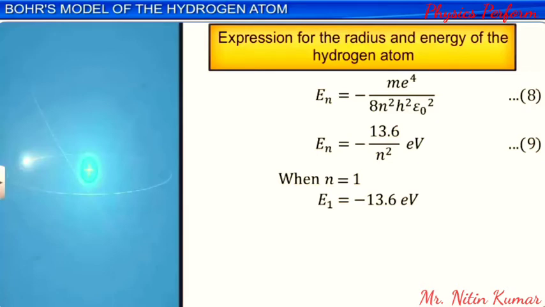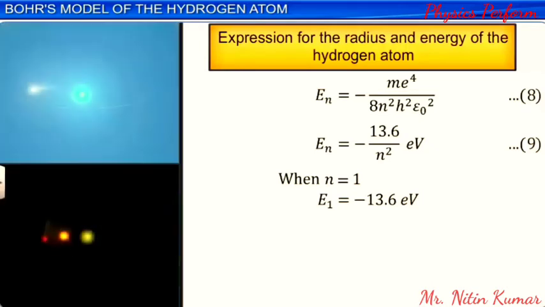Thus, the minimum energy required to remove the electron from the ground state is 13.6 electron volts. This is called the ionization energy of hydrogen atom. When an electron gains enough energy to go to higher orbits, the atom is said to be in an excited state.